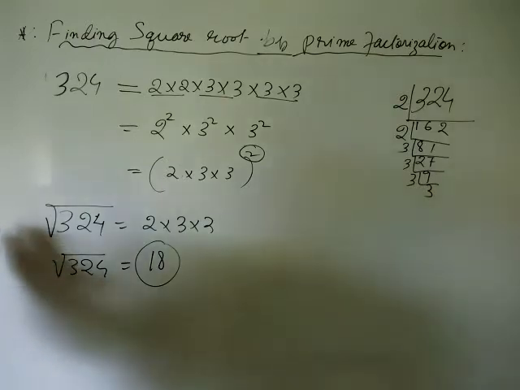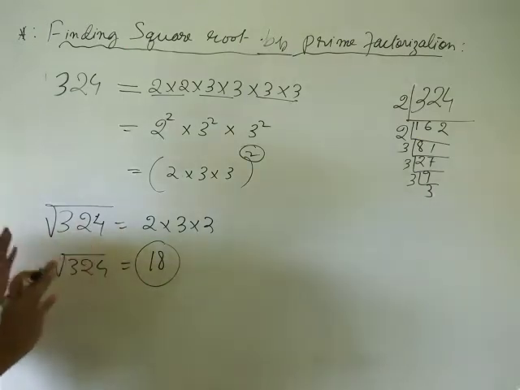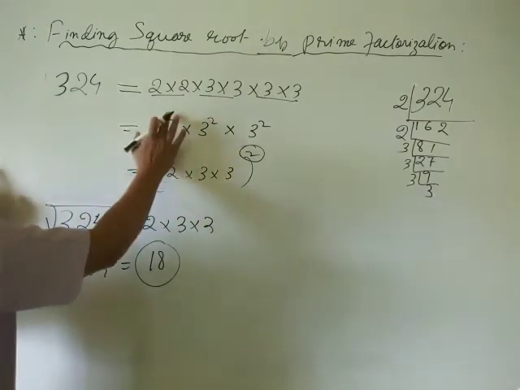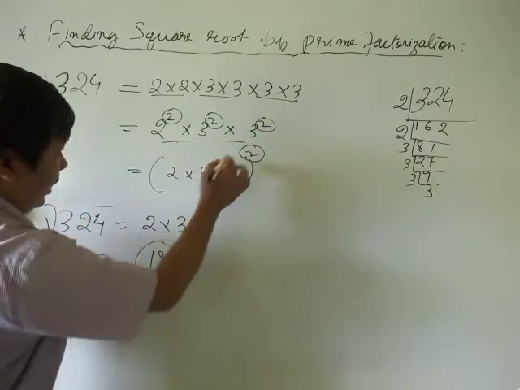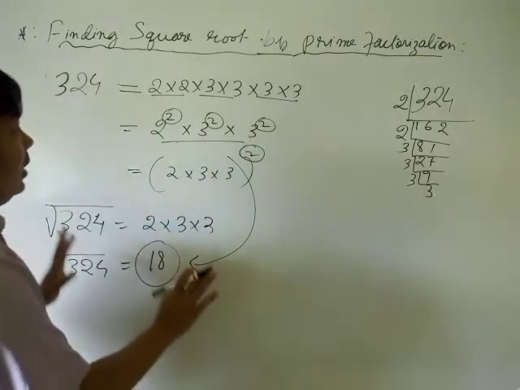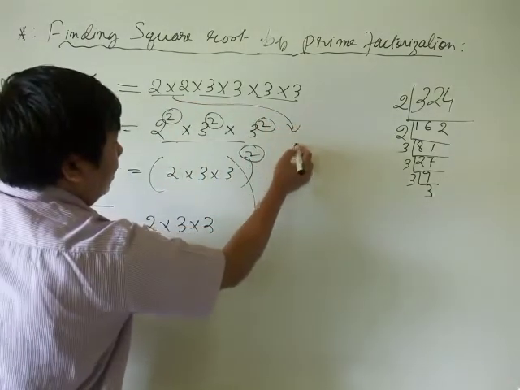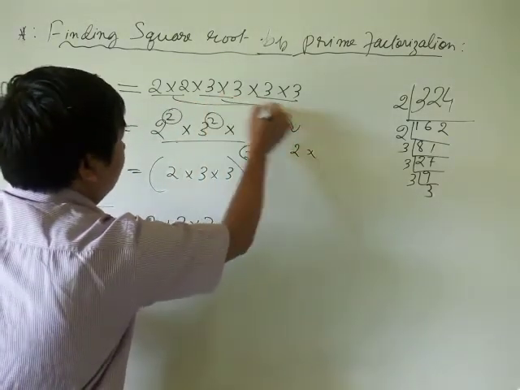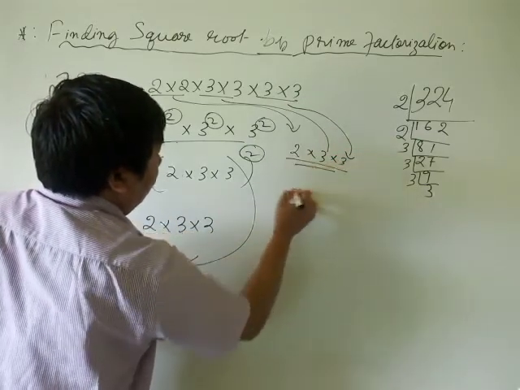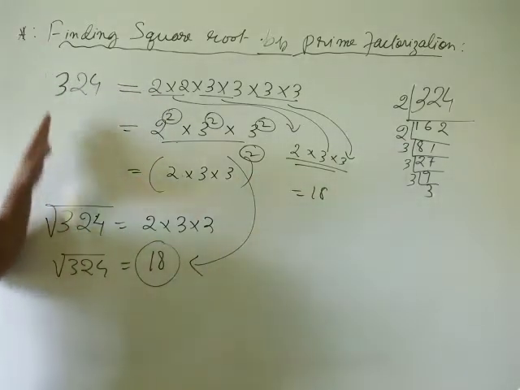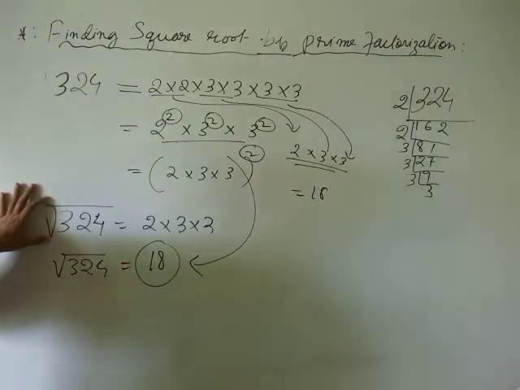Okay, clear? Or you can just multiply this, because the square is already cancelled by the square root over here. Sometimes if you don't write this and multiply all of it, we also get the same. For this 2, we take 1, for this 3 we take another 1, and for this 3 another 1. Multiplying, we get 18, and 18 is the square root of 324.